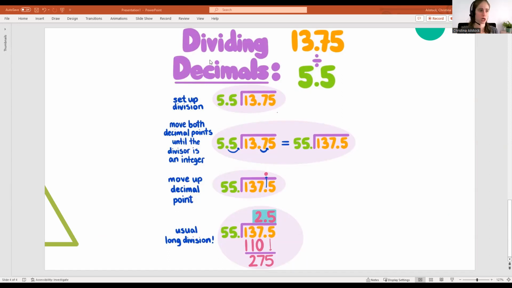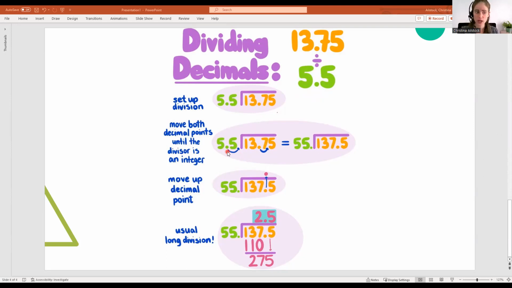However, if you have a problem like you see here, and you're dividing a number, whether it's a decimal or not, but it's being divided by a decimal number, then we have to do one little step before we can perform the division. So you'd set up your division problem, but then you would need to move the decimal point, because our divisor, so the number we're dividing by, cannot be a decimal.